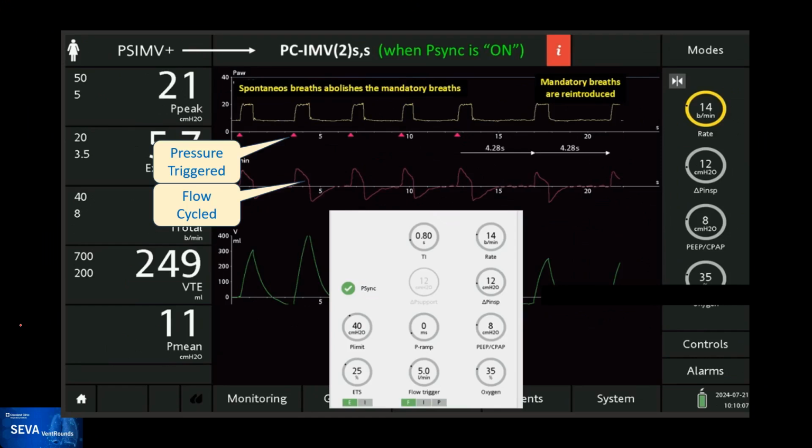And that's why it's different from auto mode pressure control, pressure support, where, as we discovered in the article we published, we can observe a lower respiratory rate than the mandatory set rate as a form of unintentional hypoventilation. So this mode, in a few words, has more safety features than auto mode pressure control, pressure support.